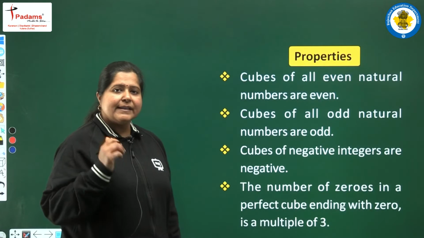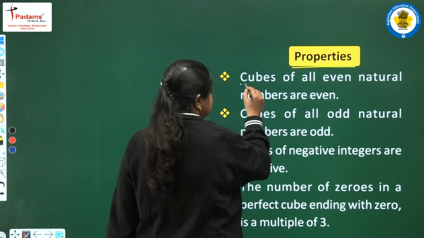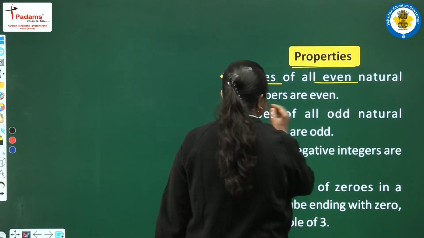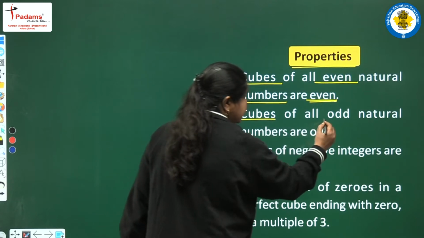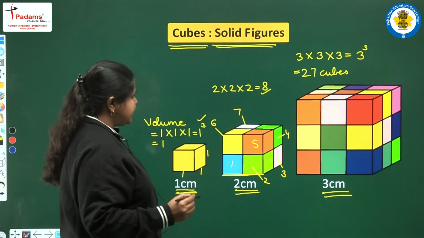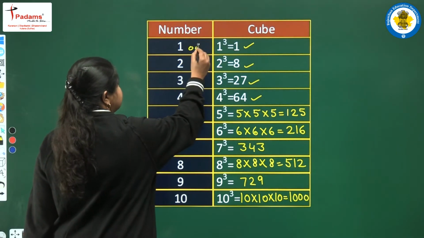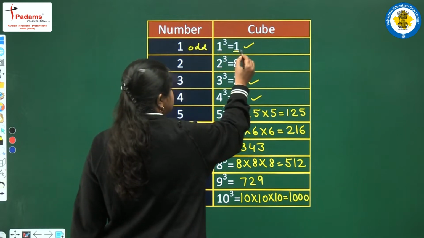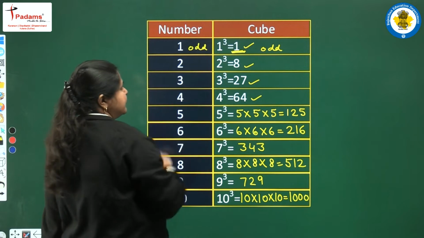Now we have some properties of cube numbers. First one, cubes of all even natural numbers are even, and cubes of all odd natural numbers are odd. Let us go back at this table. यहाँ देखिए आप, ये 1 it is an odd number, और इसका cube again it is odd and it is ending with 1.